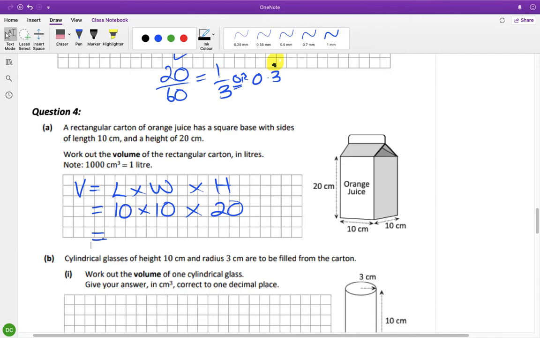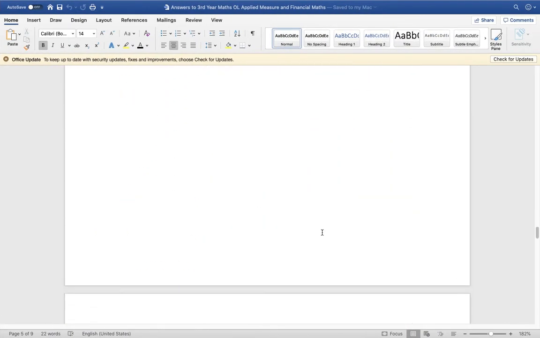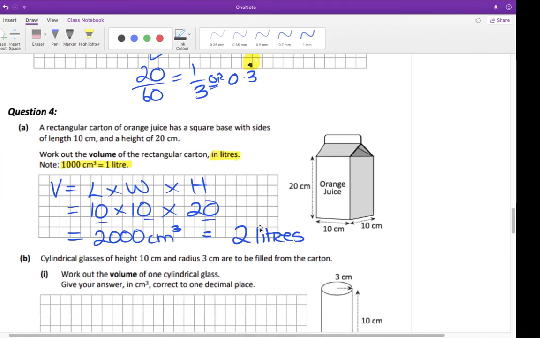So that is 10 by 10 by 20, which is 2,000. And that was all in centimeters, and I have 3 of them, so that's centimeters cubed. Okay, now just to complicate things, because why not? They want it in litres. And they tell you that 1,000 centimeters cubed is 1 litre. So we have 2,000 centimeters cubed, so that's 2 litres. 2 litres. Okay.